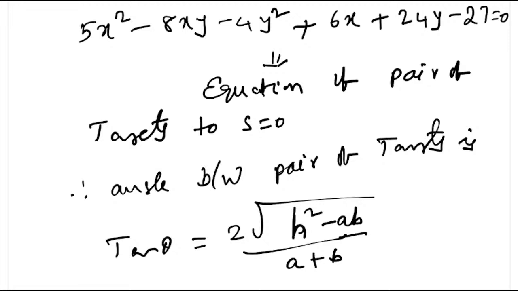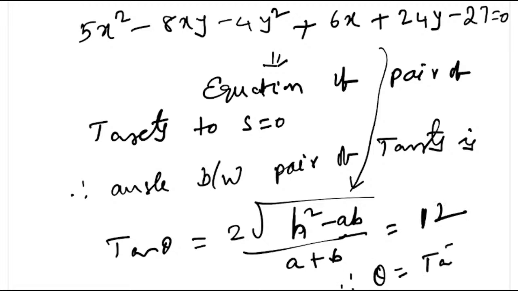Remember that from pair of straight lines. That is the formula. Simplify, put all the values from this and you will get it as 12. So theta is tan inverse 12, we can say. Right, my dear? Have you got it, all of you?